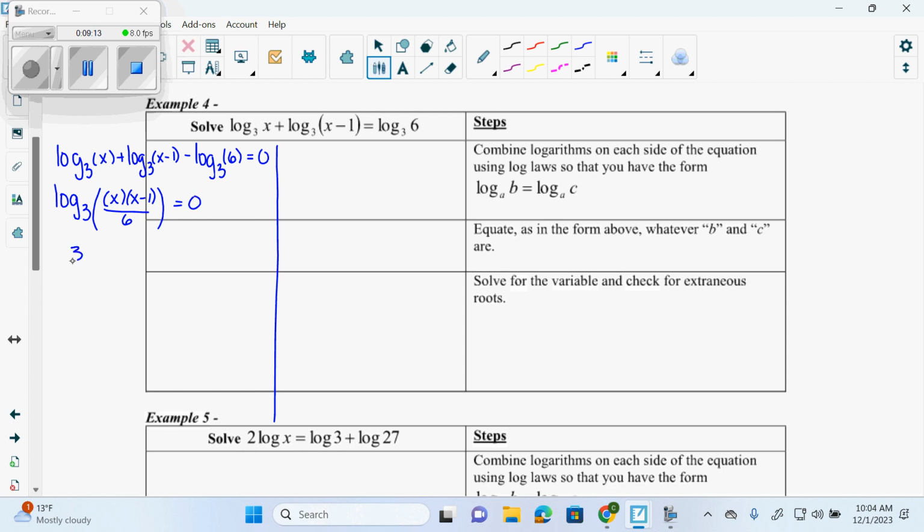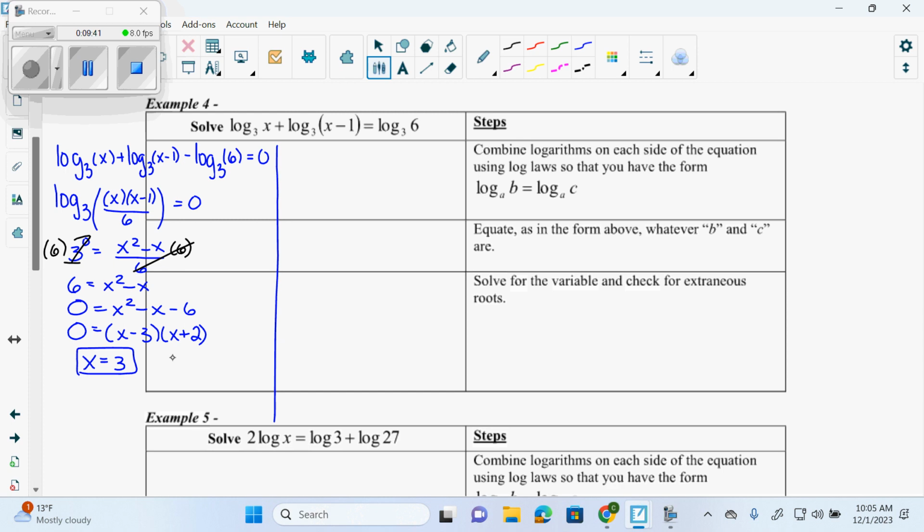Then I convert, I get 3 to the 0 equals x squared minus x over 6. 3 to the 0 is a 1, multiplied by 6. So I get 6 equals x squared minus x. So 0 equals x squared minus x minus 6. So I'm going to get x minus 3, x plus 2. X equals 3 works. X equals -2 doesn't, because when I plug it back in, I get -2 here or -3 beside the log, which both would be a problem. So it's extraneous.